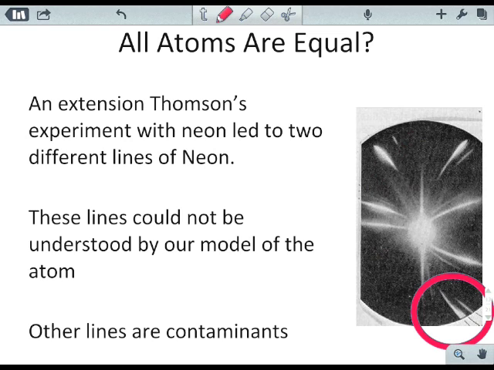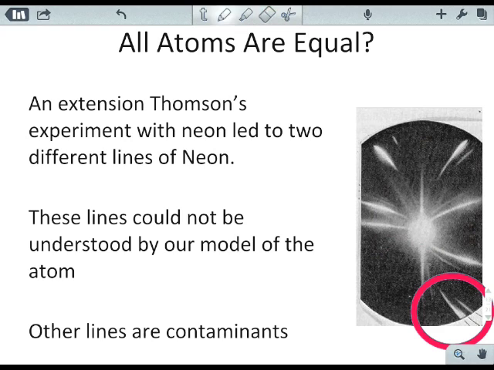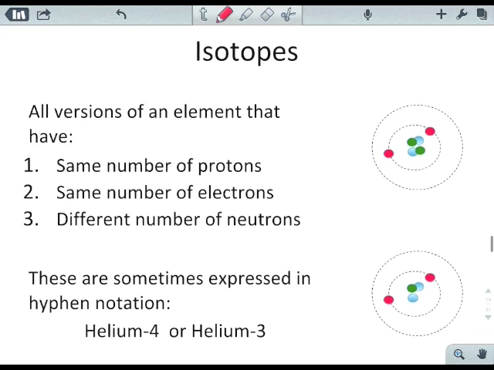All the lines up here were known to be contaminants, and they knew what they were. But with neon, they saw these 2 lines down here circled in red. They knew they were supposed to be neon, but they saw 2 different lines. These lines could not be understood by our model of the atom, the Bohr model, and so this led to the discovery of isotopes.